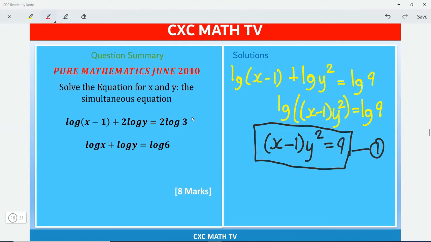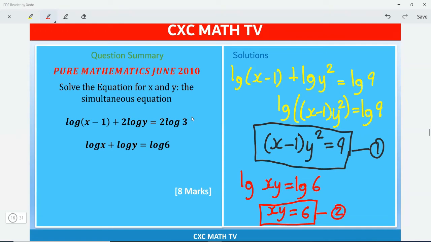Rewriting the left-hand side as one log, it becomes the log of x times y, equal to the log of 6. So what we're saying is xy is equal to 6. So these are our two equations, and we have two unknowns to solve for. Now it's just a typical simultaneous equation.